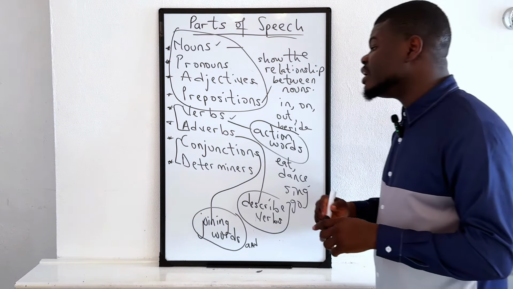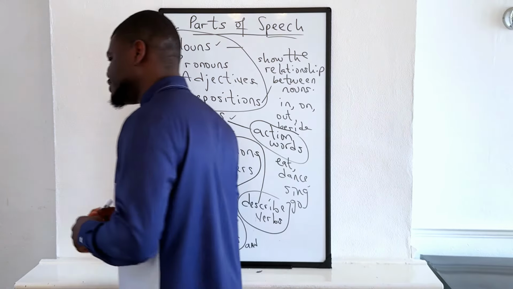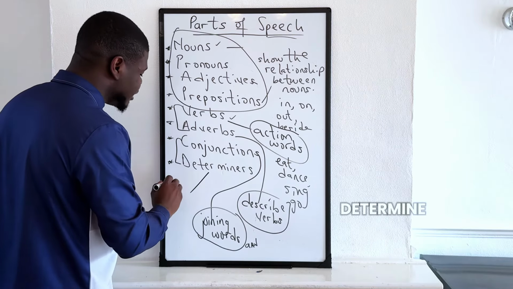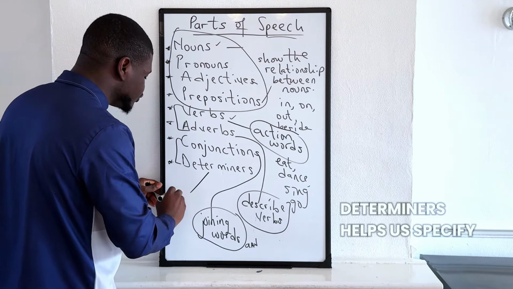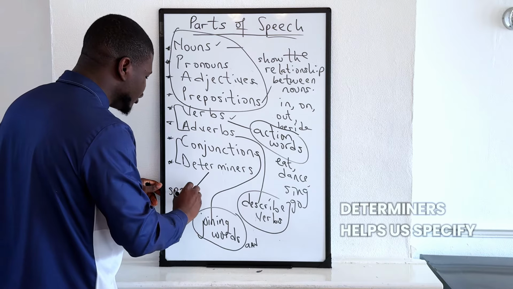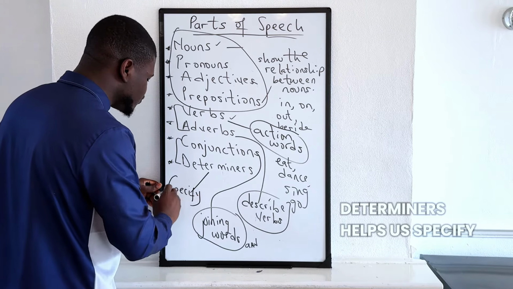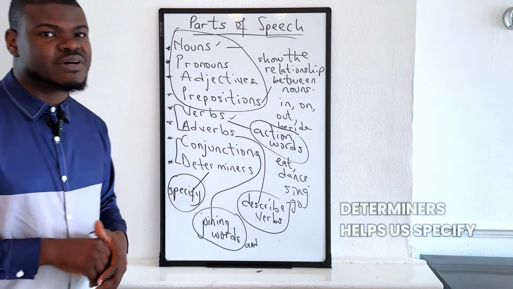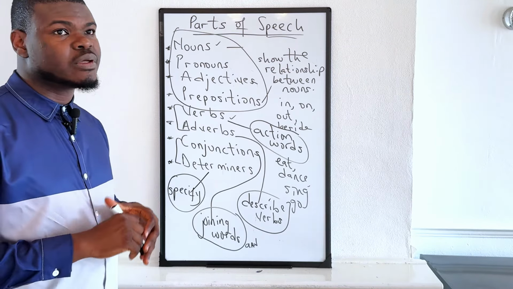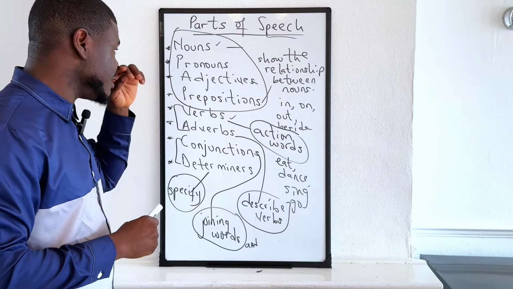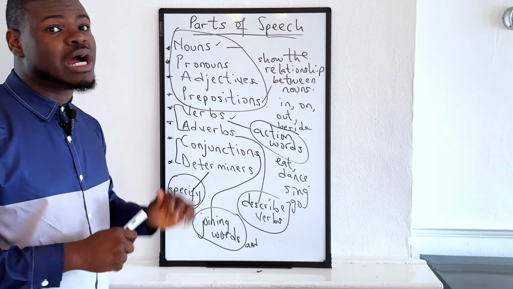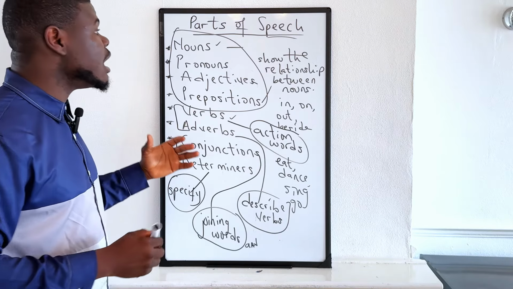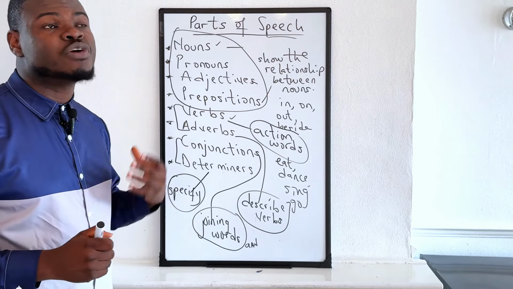And the last category of words we'll be looking at today before we round off this video would be determiners. Determiners also help us do a job close to what adjectives do. They help us specify. And that's actually close to what adjectives do. As a matter of fact, some people believe that determiners are some types of adjectives.